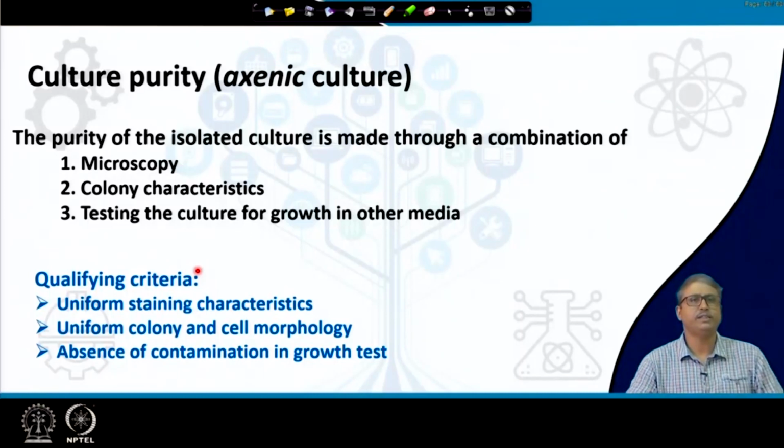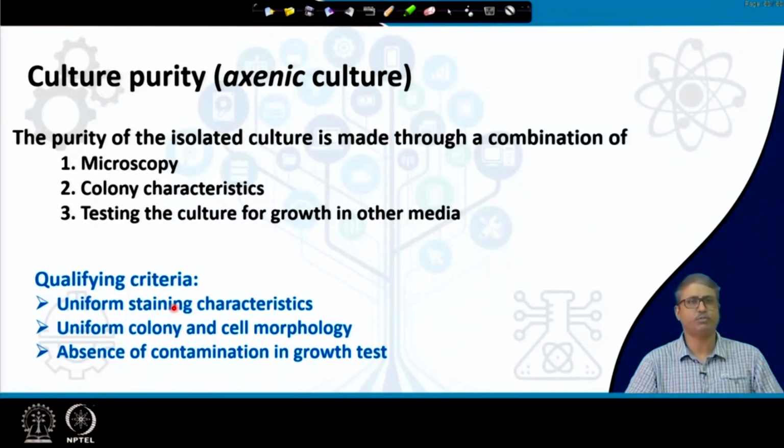Now, the qualifying criterion in this case would be uniform staining characteristics. So, if we grow a single colony in a medium and then stain it and see under the microscope, all the cells seen will appear the same color or with the same staining properties.